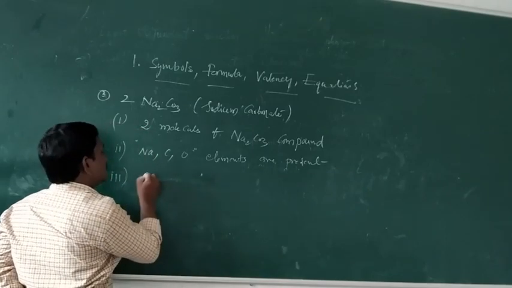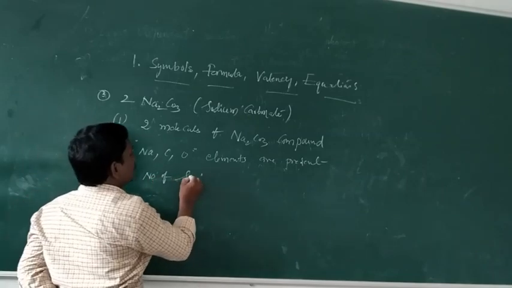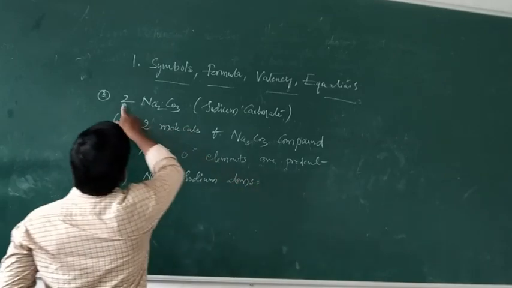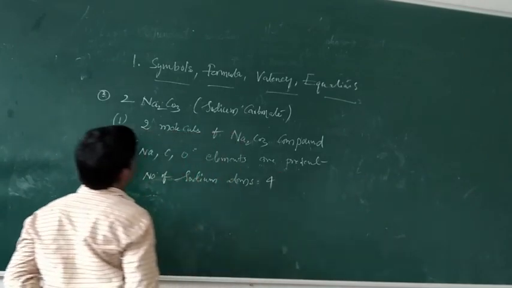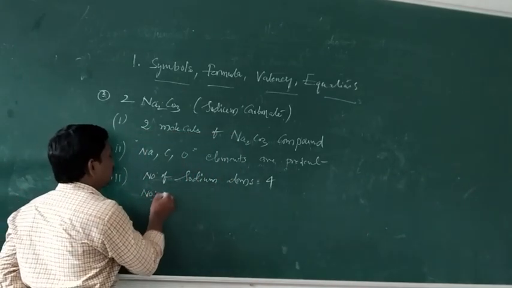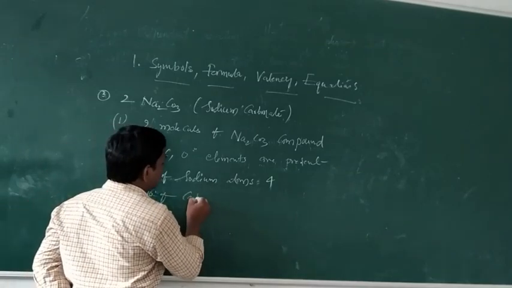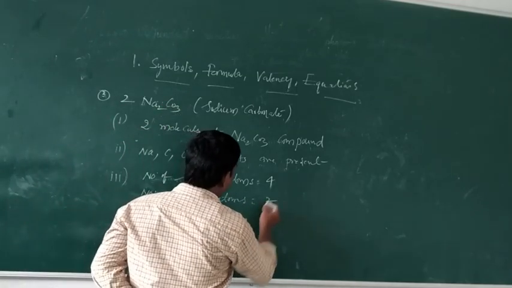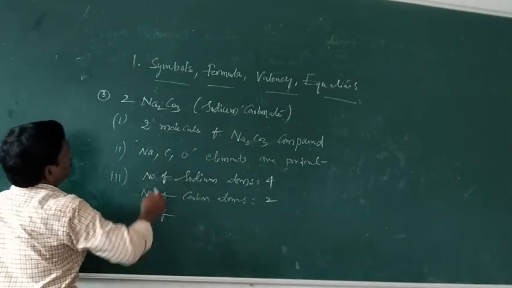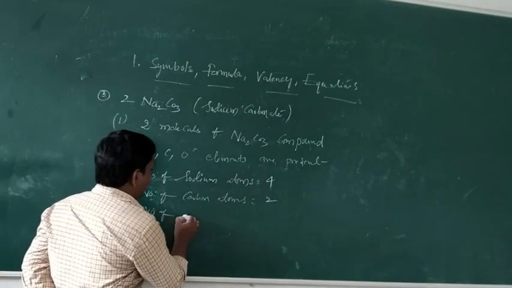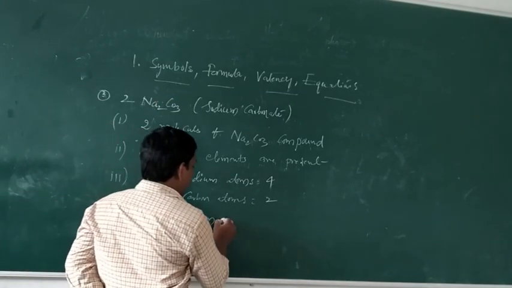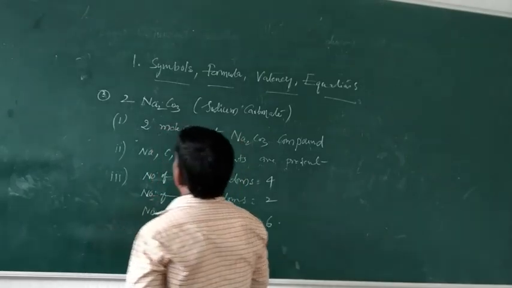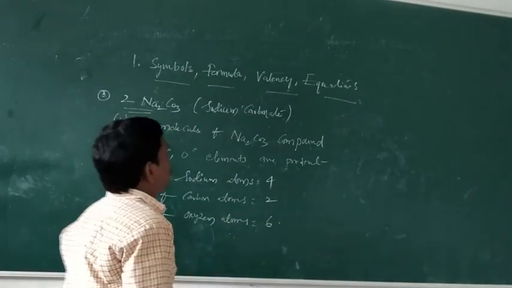Number of sodium atoms, 2 2s are 4, and number of carbon atoms, 2, and number of oxygen atoms, 2 3s are 6 atoms. So observe, what is the compound name?